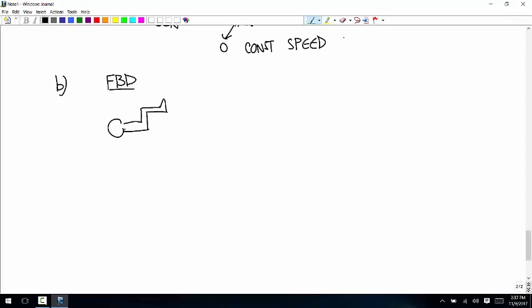Okay, so what forces are acting on the pilot? We said the mass was 100 kilograms. So 100 times 9.81 is 981. And then we don't know the direction of the force vector that the chair applies to the pilot. So I'm just going to give it an unknown x component and an unknown y component.